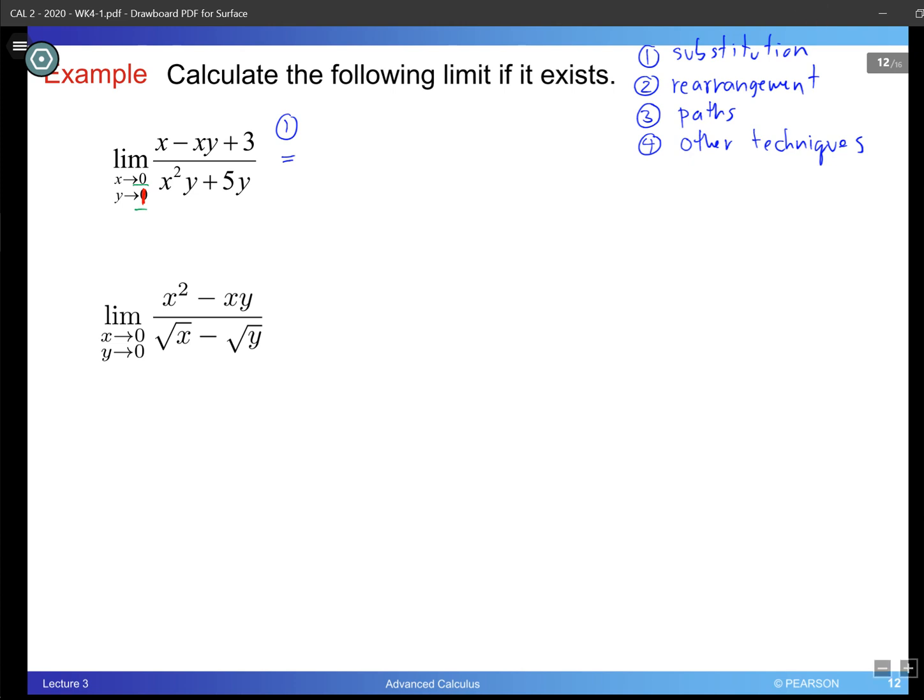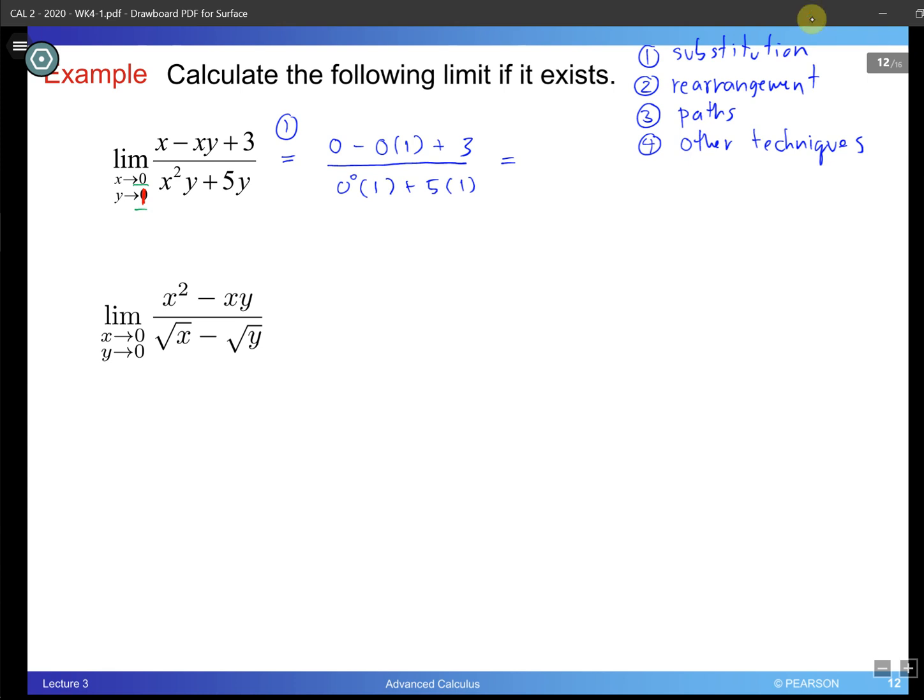So let's try that. X equal to 0 right here is going to be 0 minus xy, which is 0 times 1, plus 3, divided by the denominator, where we have x squared, which is 0 squared, times y, which is 1, plus 5y, which is 1. And what do we have here?